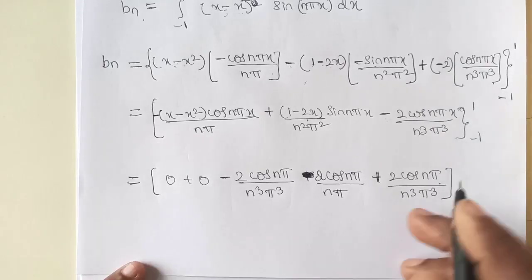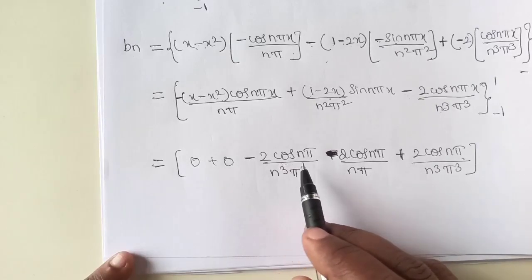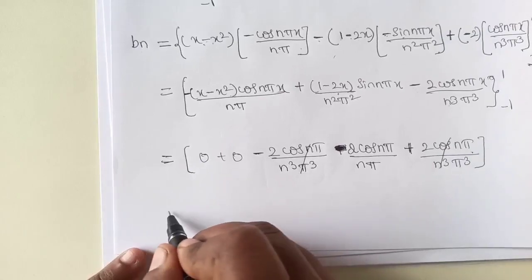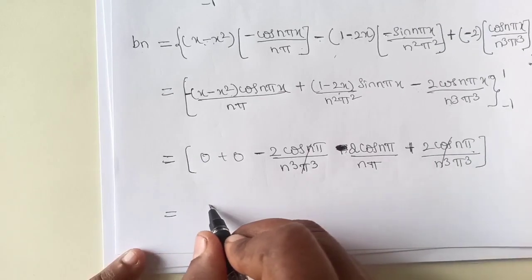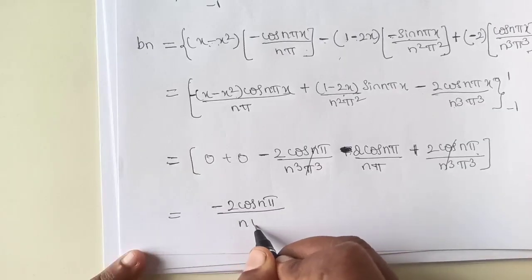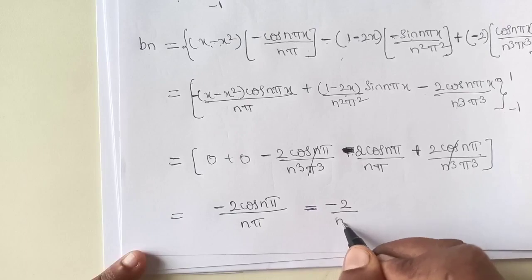Simplifying this, we get plus 2 cos n pi and this cancels, we get minus 2 cos n pi divided by n pi, which is equal to minus 2 divided by n pi.